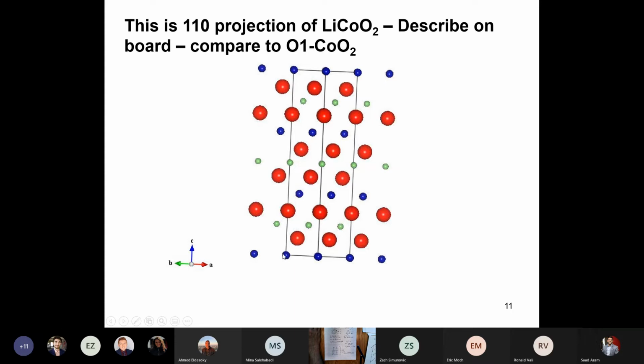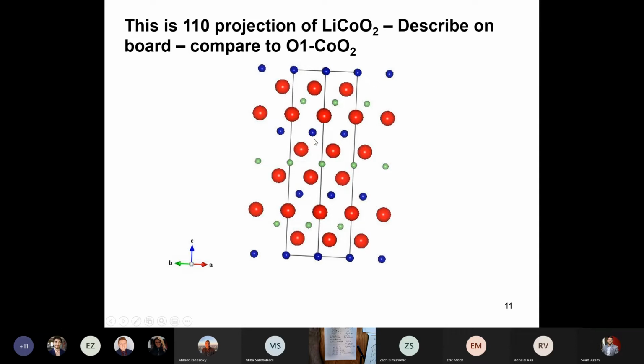If we look at this from the bottom, and we have a 110 projection slightly tilted here, if this cobalt is A, this oxygen is B, this lithium is C. This oxygen is A, this cobalt is B, this oxygen is C. This lithium is A, it's on the line.